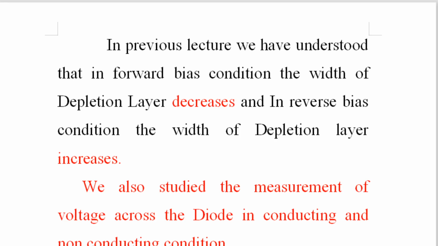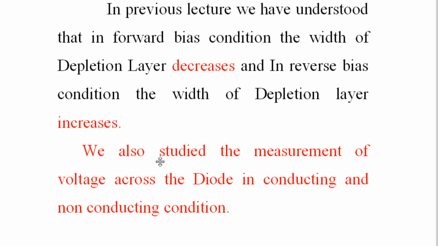Because of the creation of the depletion layer only, there is creation of barrier potential as well as junction capacitor. You are requested to watch the previous videos again and again so that you will clear your concepts. We also studied the measurement of voltage across the diode in conducting and non-conducting condition.